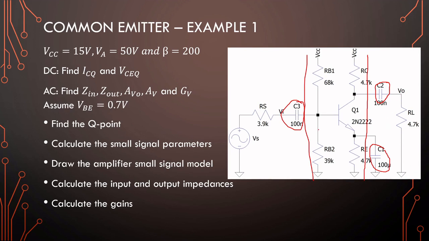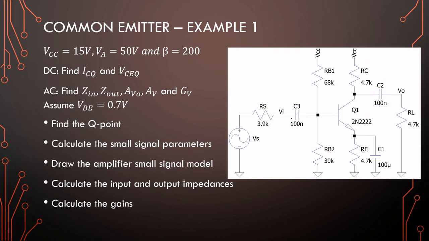Okay, so to do the Q point, just ignore everything on the input, ignore everything on the output, and a capacitor like this goes away. Right, so that is how to determine the Q point.